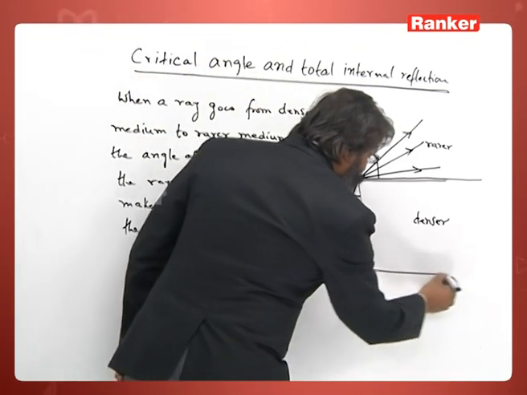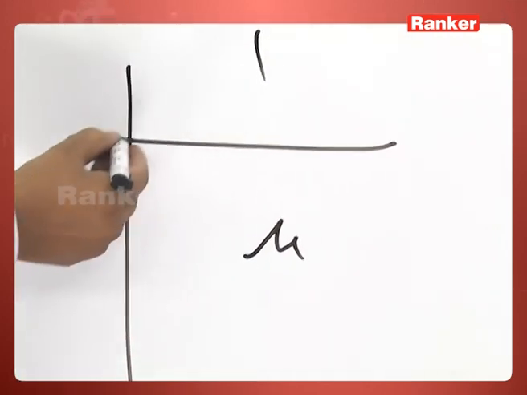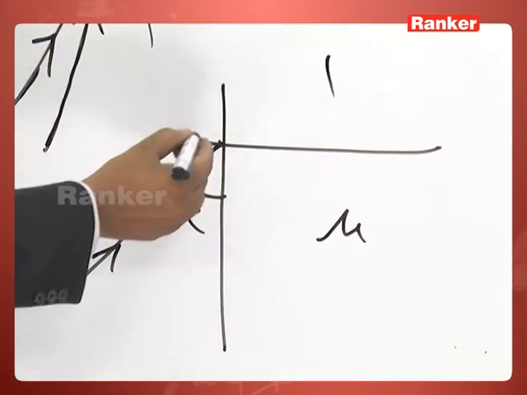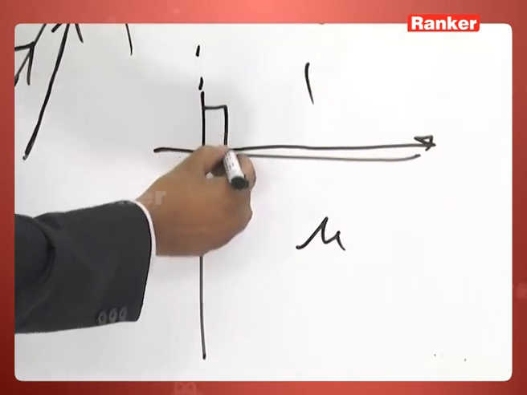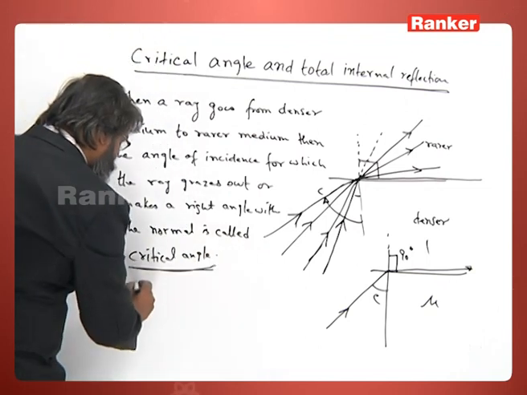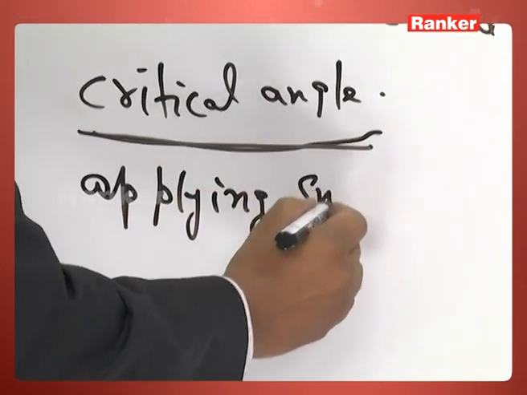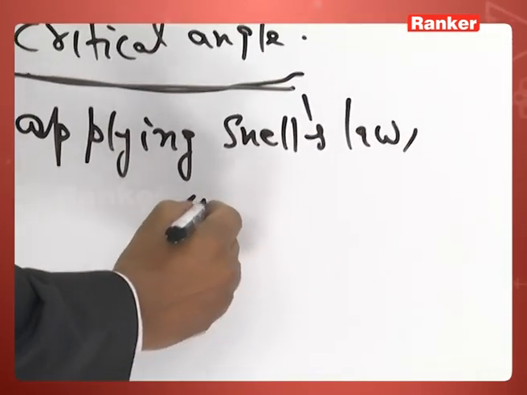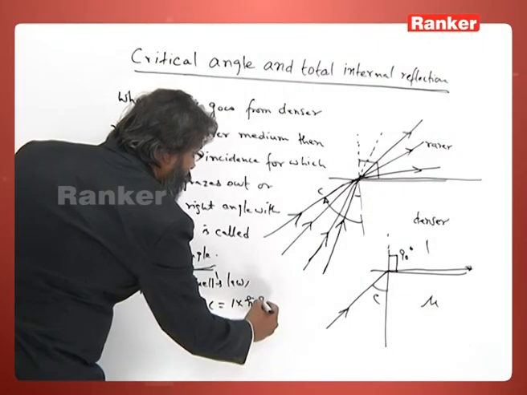So suppose this medium has a refractive index mu and this medium has a refractive index 1, and a ray goes at the critical angle, so it just grazes out and this angle becomes 90 degrees. Applying Snell's law, we have mu sin C is 1 into sin 90 degrees.